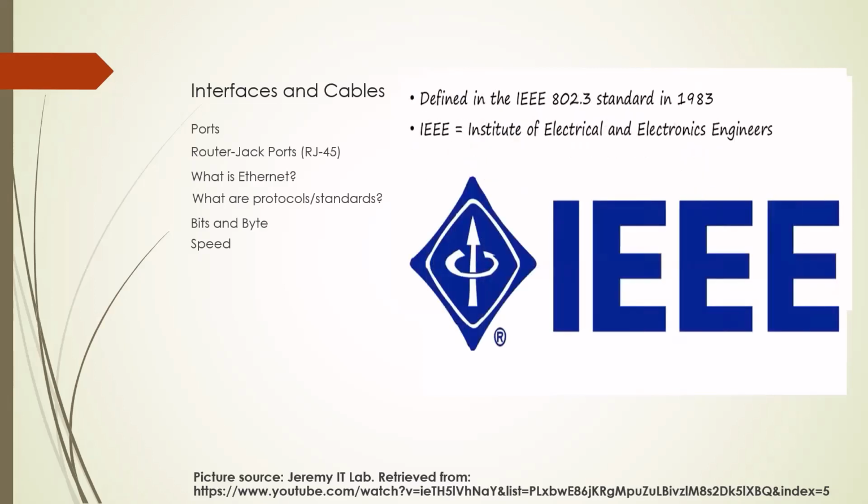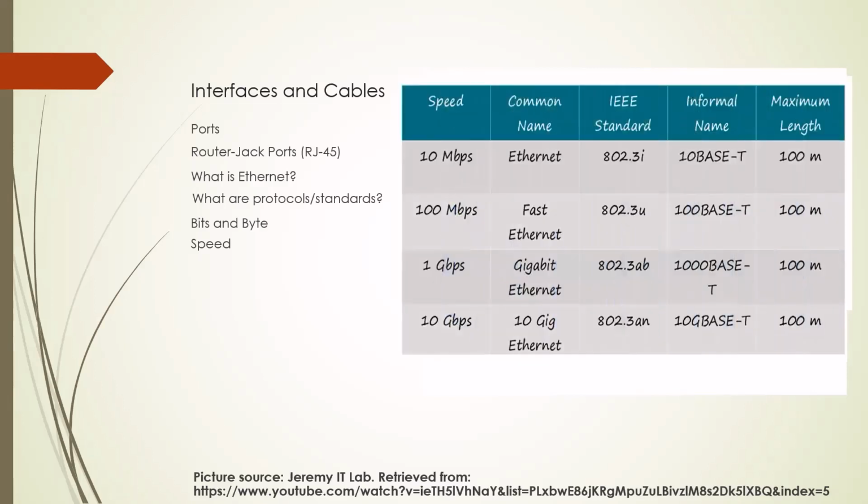Now, looking at the standard, it was in 1983 that the IEEE, the Institute of Electrical and Electronics Engineers, defined the IEEE 802.3 standard for Ethernet. This was the standard that they defined.